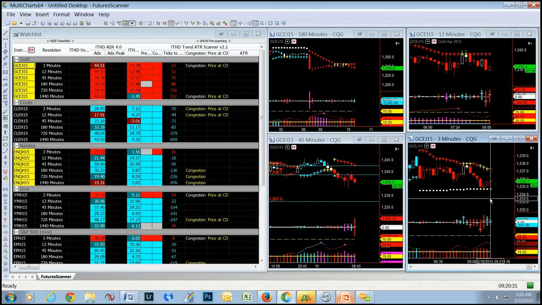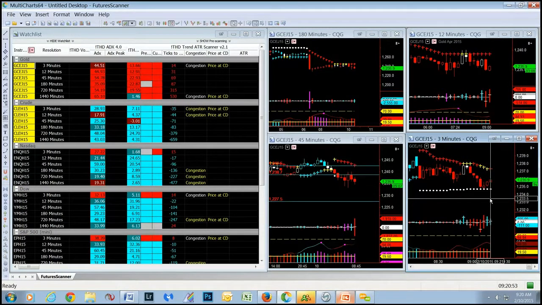Does that mean I think the market's going to go up? No, I still think it's going to go down. I still think there is more downward movement to it. It just means they're going to come in now and test to see if buyers are interested in it.